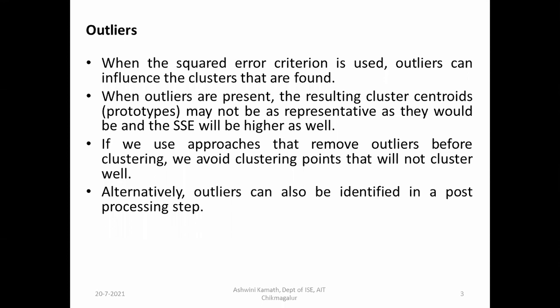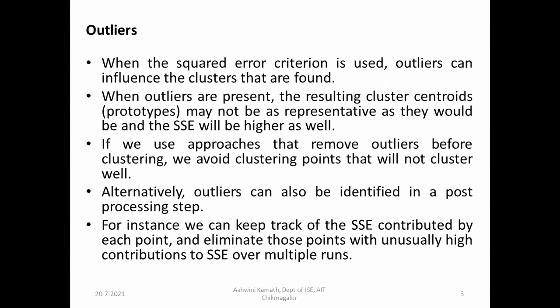For example, we can keep track of the sum of squared error contributed by each point, and eliminate those points with unusually high contribution to the SSE, the points which are making the SSE higher. This can be done over multiple runs. If you execute more times, you will come to know which points are contributing to increase the value of SSE, and those points can be removed.